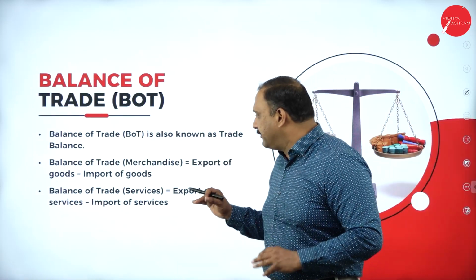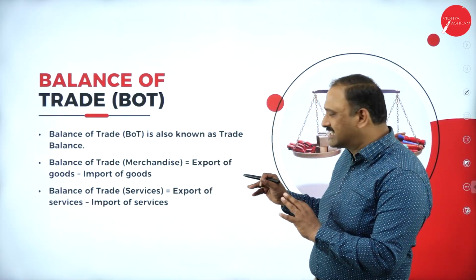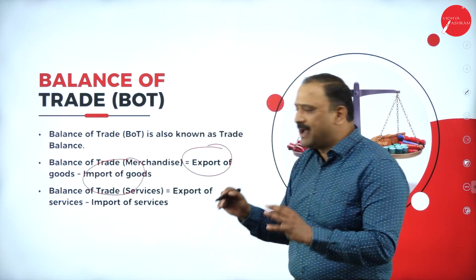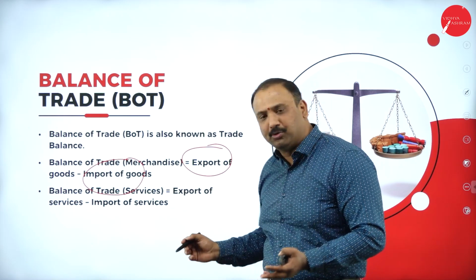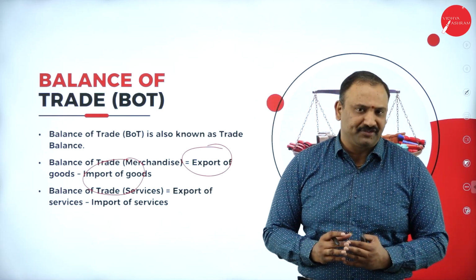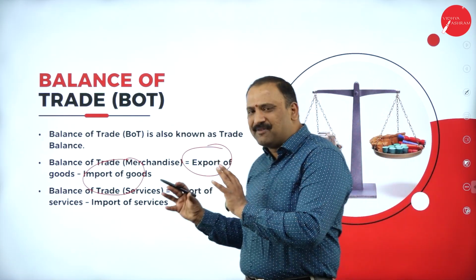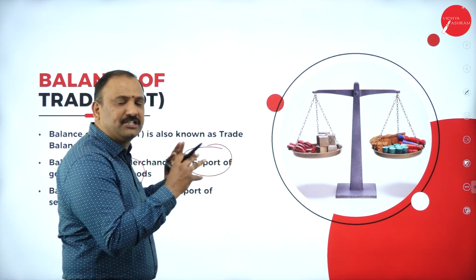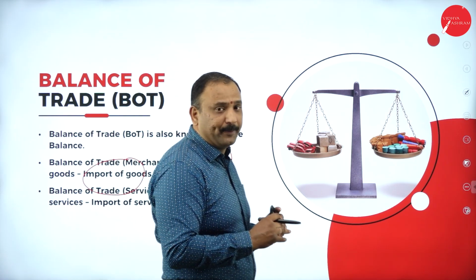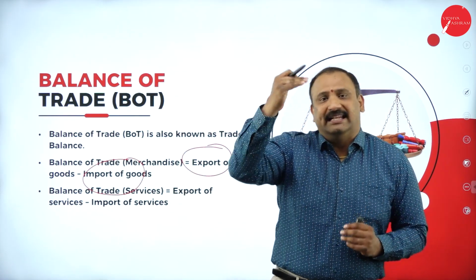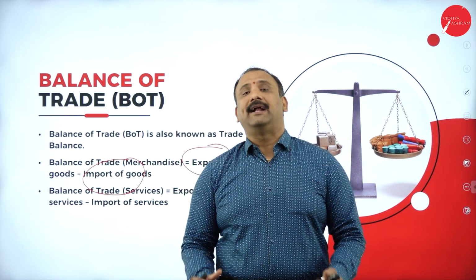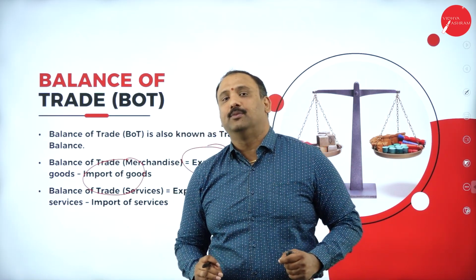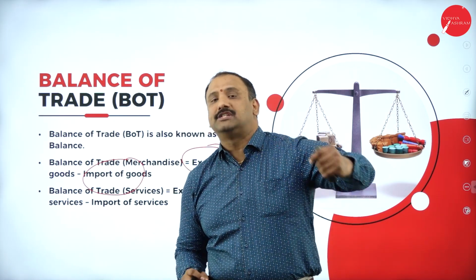Now, the balance of trade, we all know that the balance of trade is calculated with the export of goods minus import of goods, and balance of trade in services comes with export of services minus import of services. So we all know that somewhere this balance of trade is a very, very important concept that we are trying to focus upon. The more you export and the less you import, automatically the balance of trade starts going up altogether, which means to say that your value starts going up.